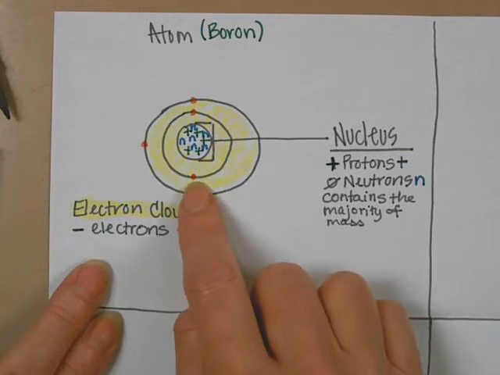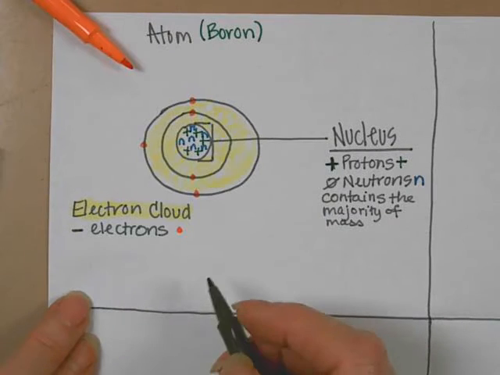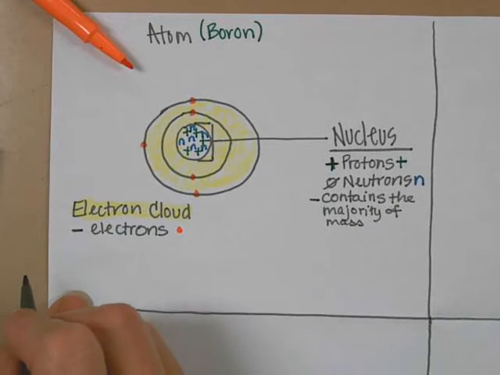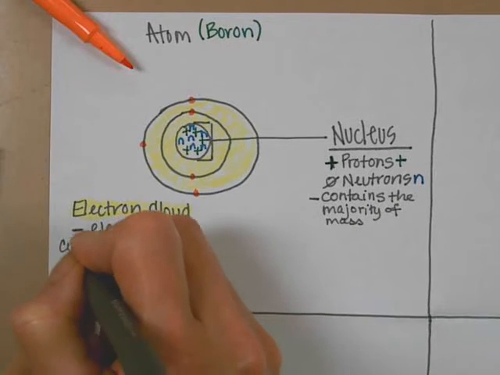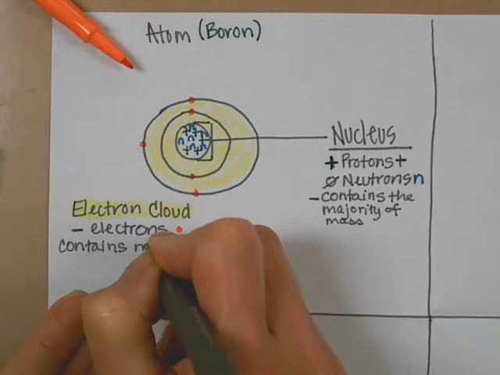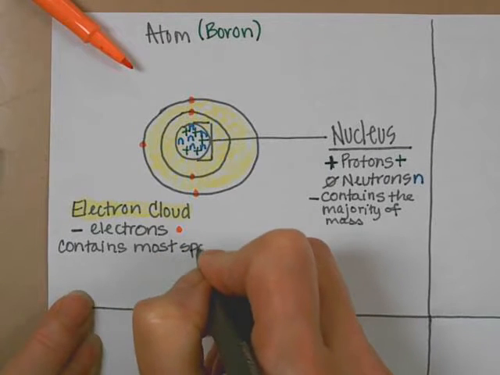This area, the electron cloud, has almost no mass, but contains the majority of volume, or space. It takes up more space.